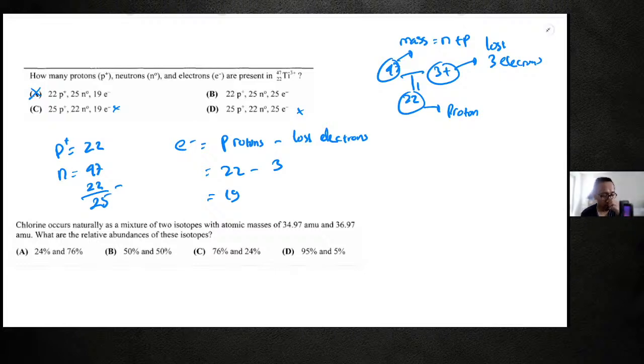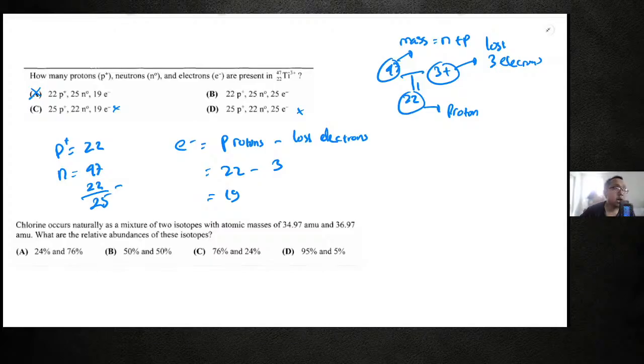The concept we need to understand is the average atomic mass from the periodic table. As far as I know, the periodic table contains the average mass, the average atomic mass.